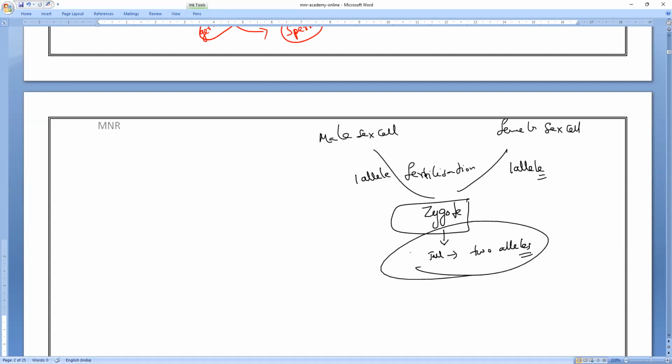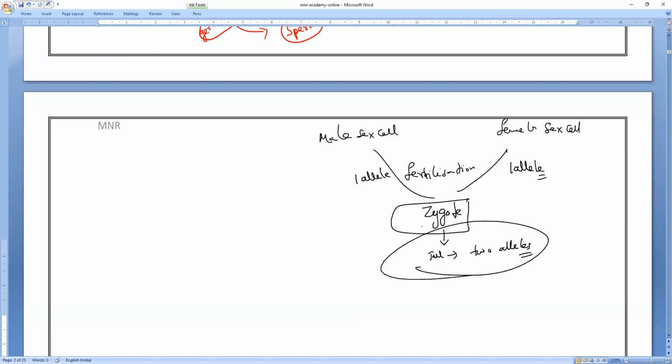So basically, the father, for each character, has a pair of genes. The mother also, for each character, has a pair of genes. But when they form the gametes, the sex cells, how many will the gamete receive, guys? One allele or a pair of alleles? That is my question. Only one allele for each character.